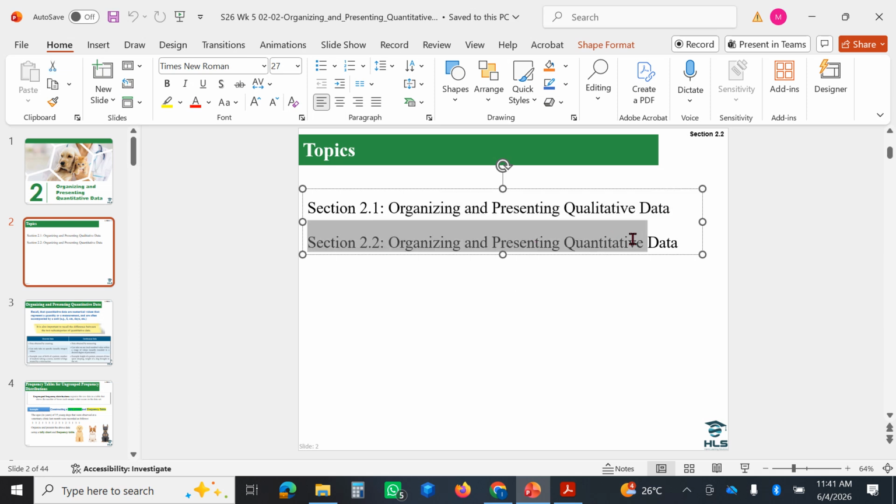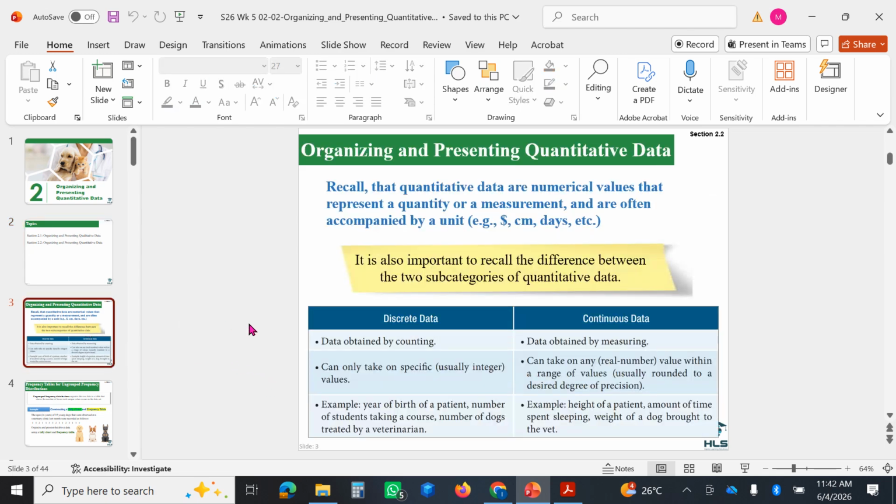And section 2.2, as per the syllabus, concludes all of the information for your test 1 in week 6. Your quiz 1 incorporates all the information, and we'll talk more about your test later on. Okay, let's go.